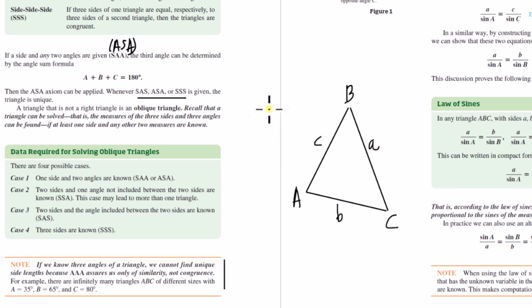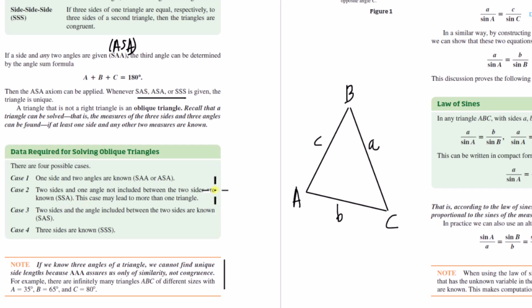We're looking for the side length A, but we have angle C, and we have side length C, so there you go. One equation, one unknown, we just need to solve for A, and we're going to get one unique answer for A. And that's how case 1 is always going to work out with the law of sines.